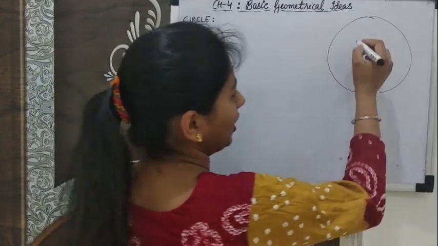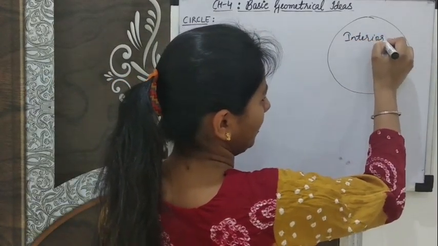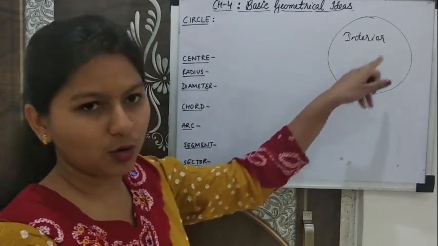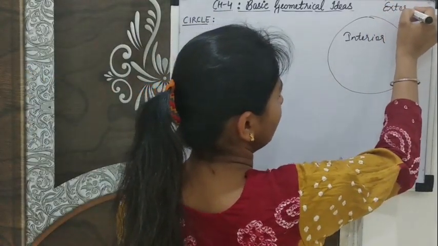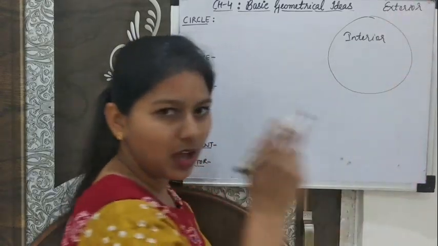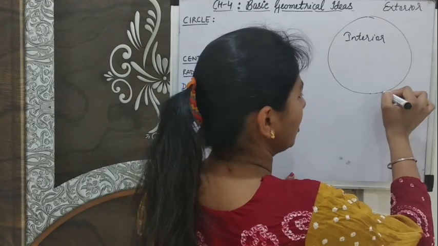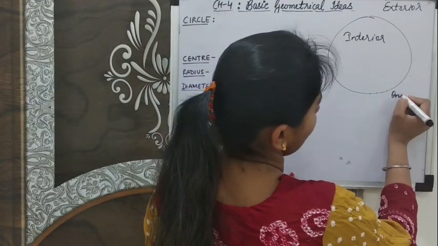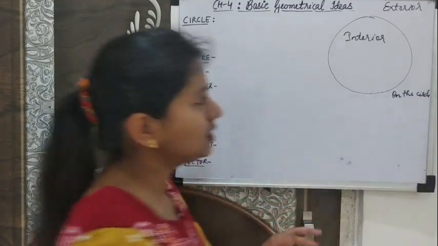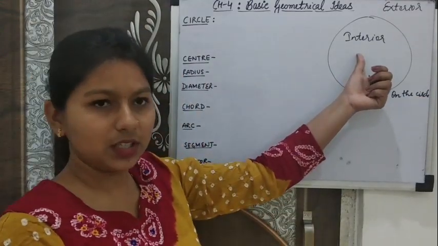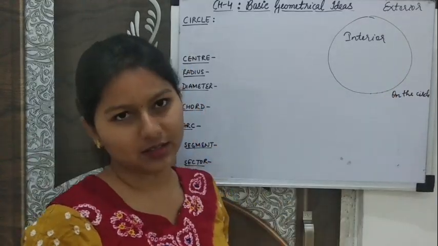One is the interior of circle, which is inside the closed boundary, and this is the exterior of circle, which is coming outside the boundary, and the other one is on the circle. So it is divided into 3 parts: interior of circle, exterior of circle and on the circle.